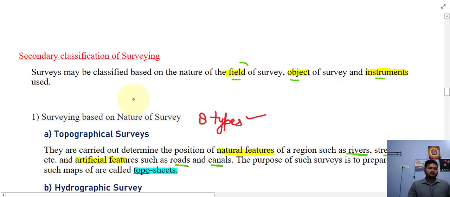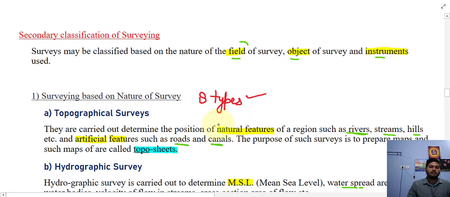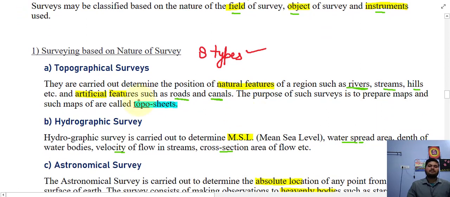So, based on first, surveying based on nature of survey. In this we have 8 types of surveying, and these 8 types can be classified by their names. If you understand the name of the survey, then you don't need to learn or remember the definition of that particular survey.